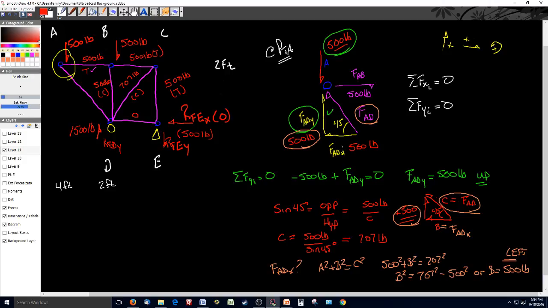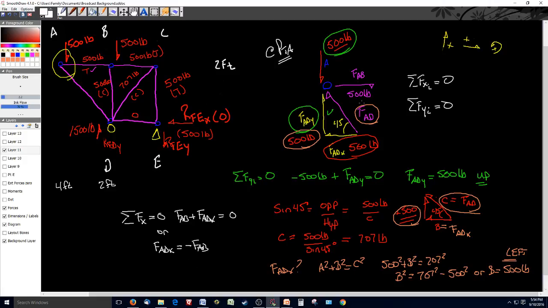Now, why do we care about that? That's one way to find it. What's the other way we could have found it? The other way we could have found it is we could come back in here and say that the summation of the forces in the X direction has to equal 0, which would mean that FAB plus FADX equals 0, or FADX equals minus FAB.